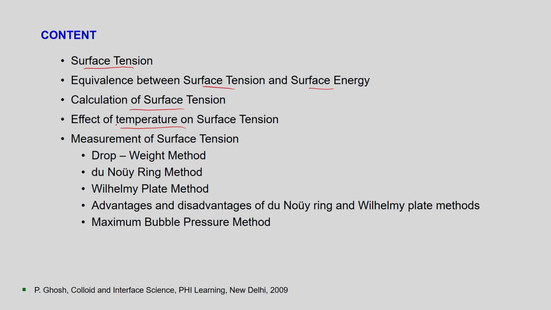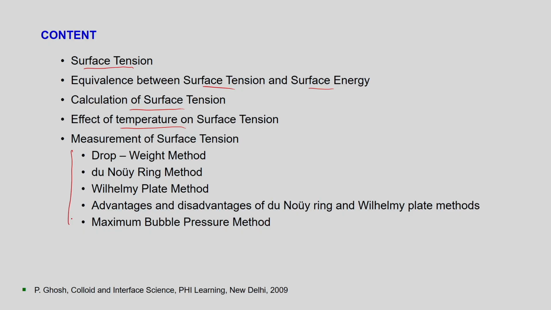Then, what is the effect of temperature on surface tension? As you know, if you change the temperature, different physical properties change. We will discuss the temperature effect on surface tension based on correlations only. Then how to measure it, which is very important: the drop weight method, the Du Noüy ring method, and the Wilhelmy plate method, along with the advantages and disadvantages of the Du Noüy and Wilhelmy methods.